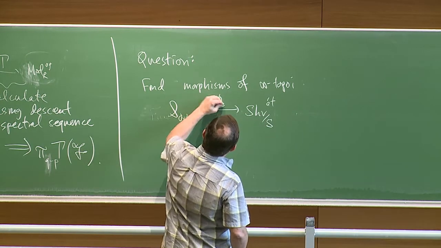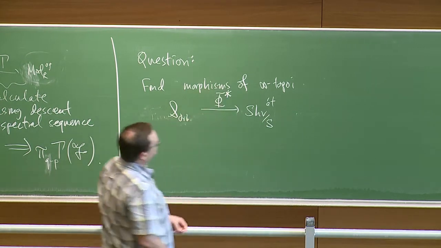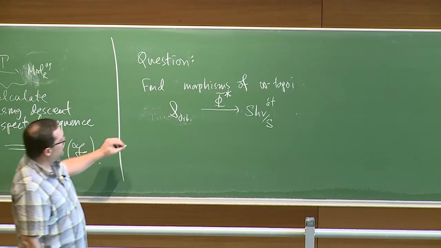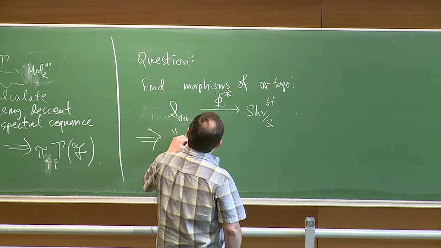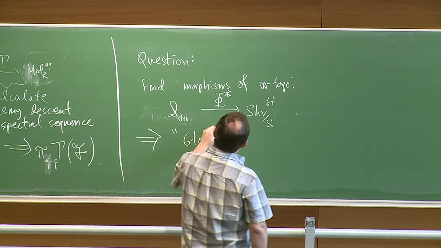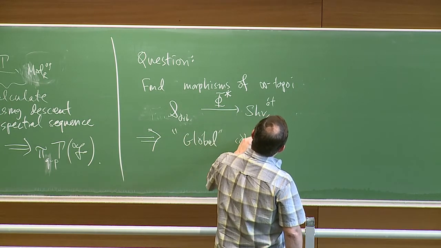I'll call this phi upper star, because it's going to be the left adjoint of one of those. And from that, you get what Stefan would call a global cohomology theory.